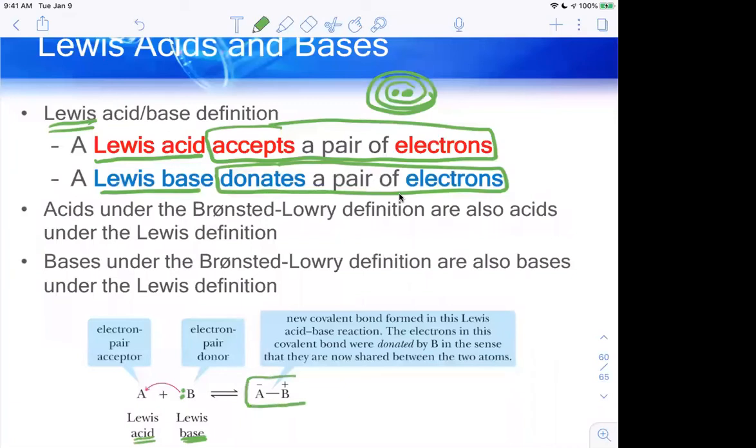Typically, what I get is a complex where I have a new covalent bond formed in these Lewis acid-base reactions. The electrons in this bond were donated by B, and now they're shared between the two atoms. Sometimes that gives me this positive-negative separation within the same molecule.